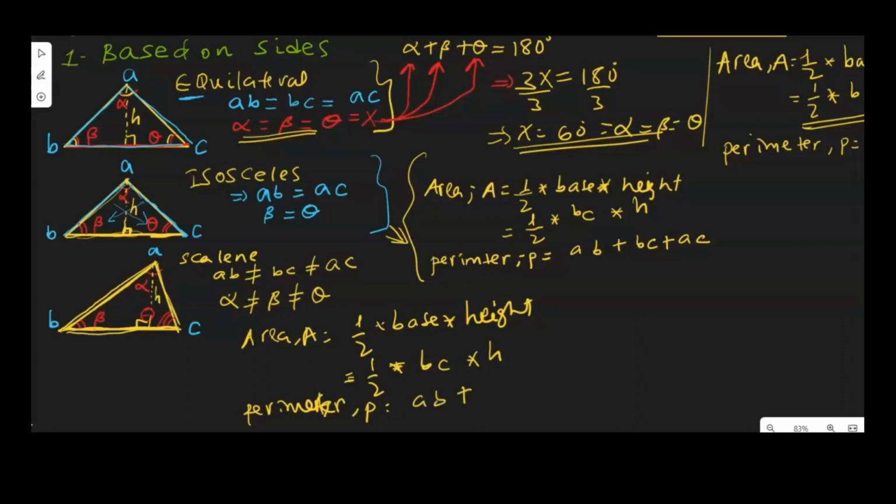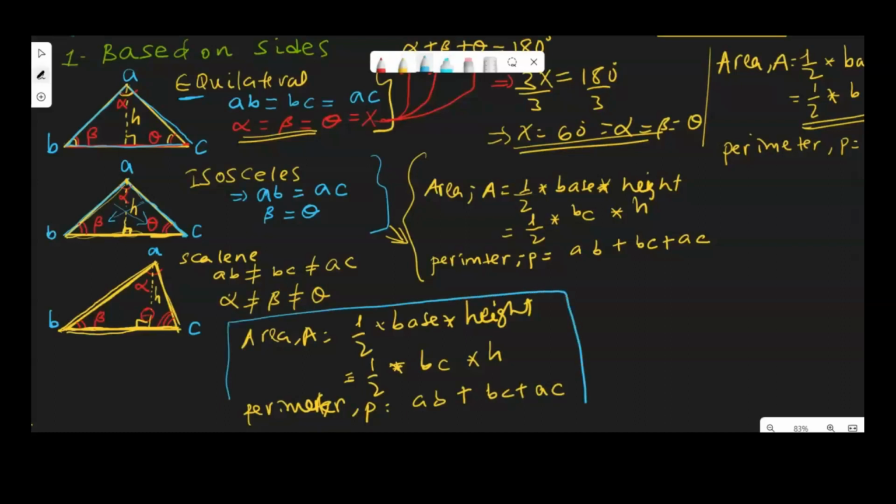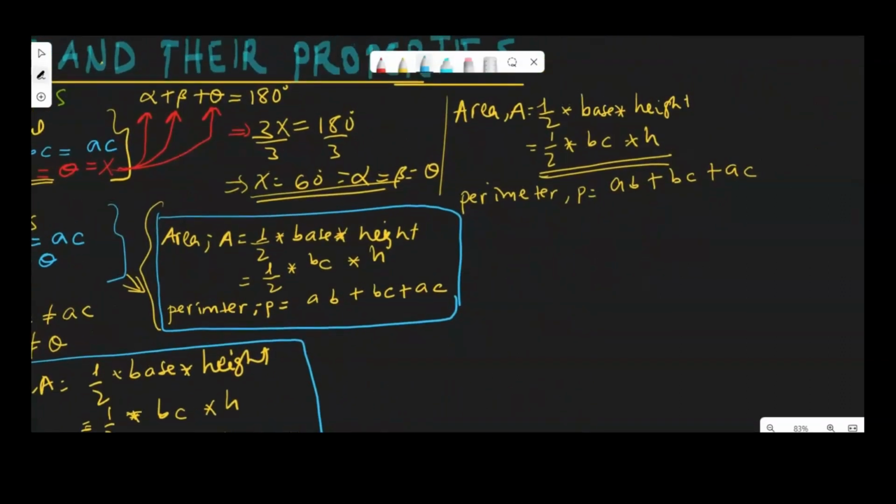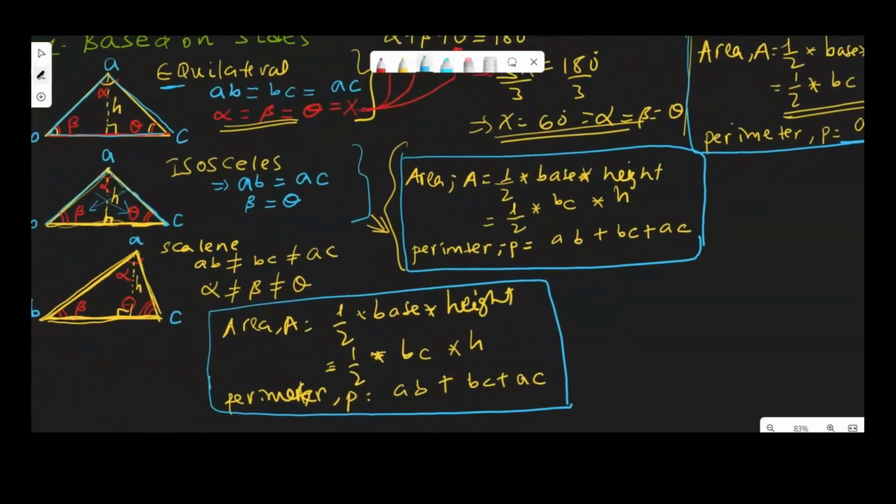So these are basic calculations of any type of triangle. That's the area for each type, the area of any type of triangle.